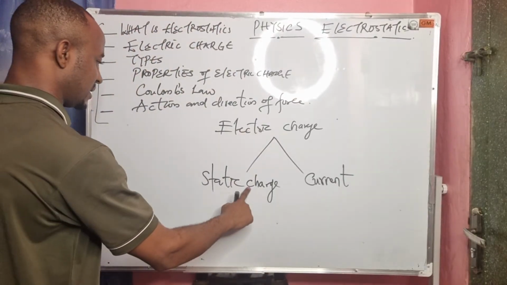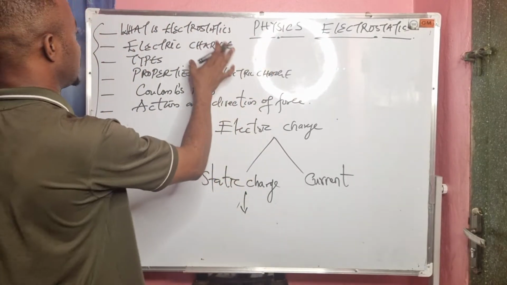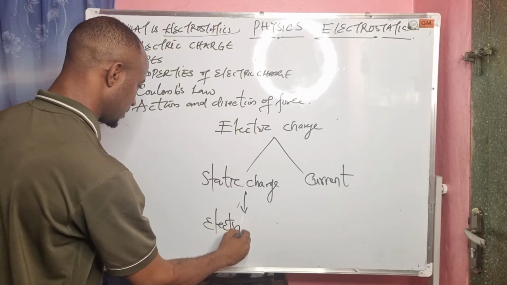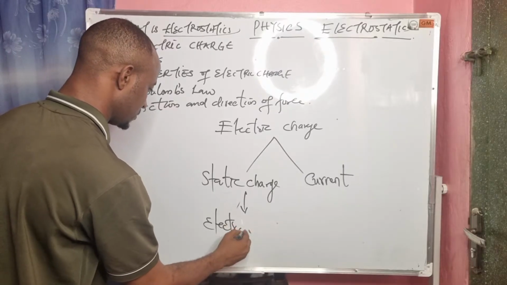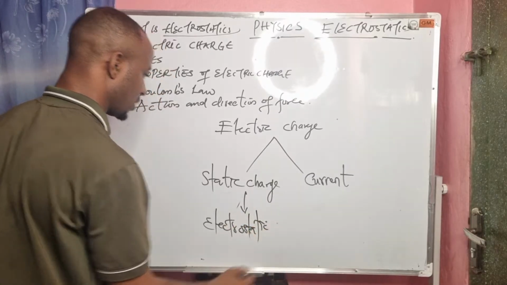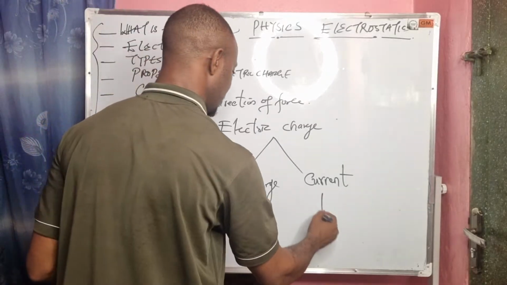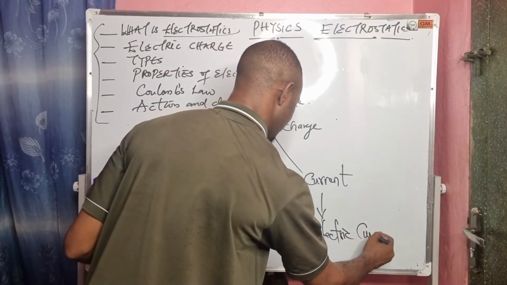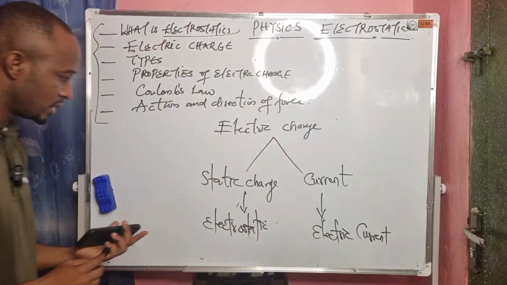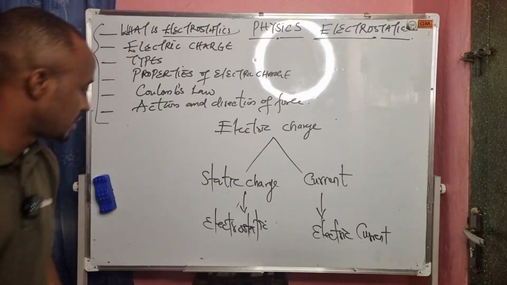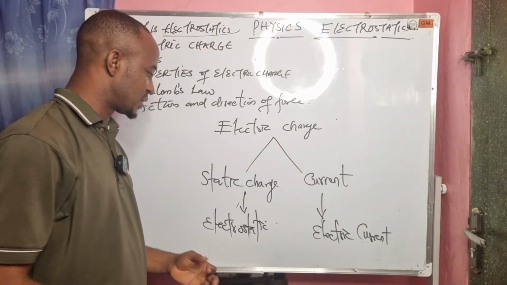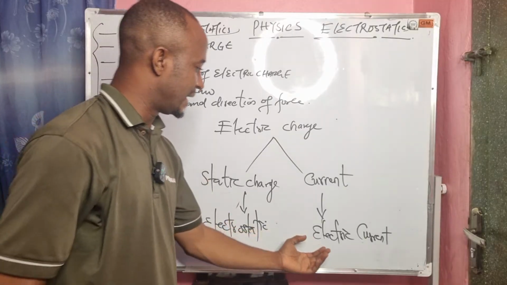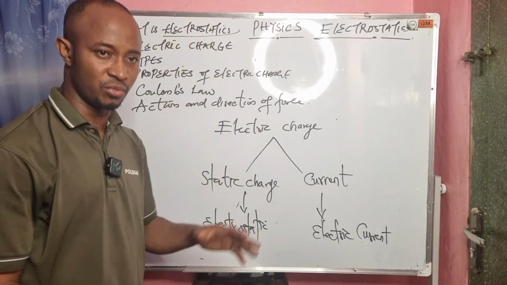Under static charge, this is where the concept of electrostatics comes in. Then under current, this is where electric current comes in. Both of them are branches of physics. Electrostatics talks about the study of static charges, or the study of charge at rest, while electric current talks about the study of charge in motion.